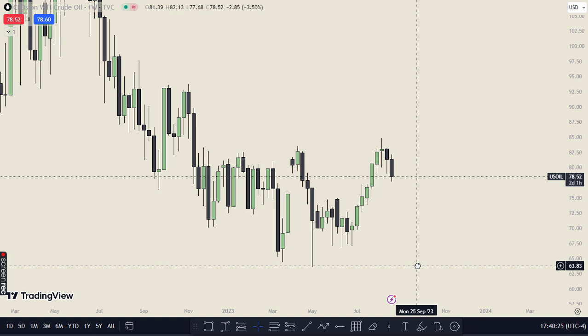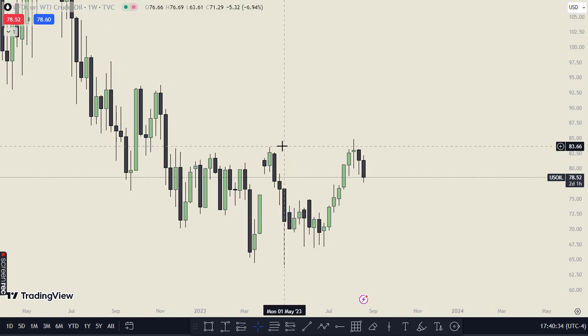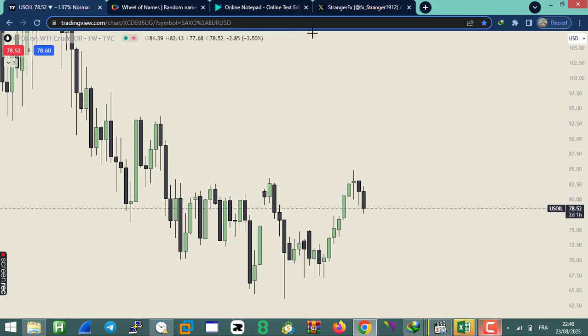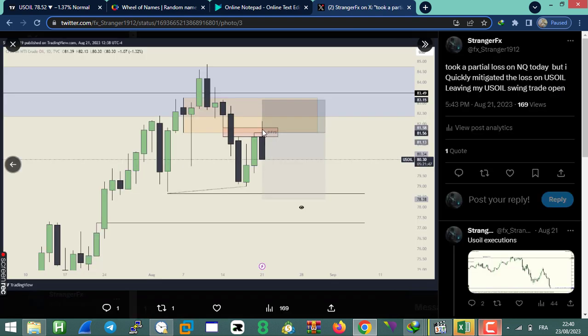Now let's start with a live example, and we have here crude oil, so the US oil on the weekly time frame. First of all, let me show you the executions and my analysis, so you know that this is not hindsight. I posted that in my Twitter account. So as you can see, I entered here from this fair value gap right here, and I was aiming for this fair value gap.